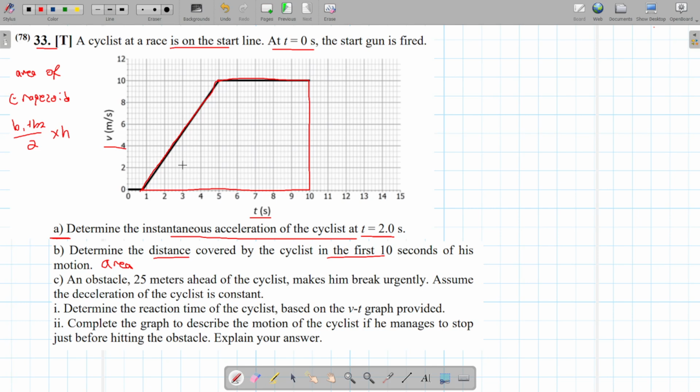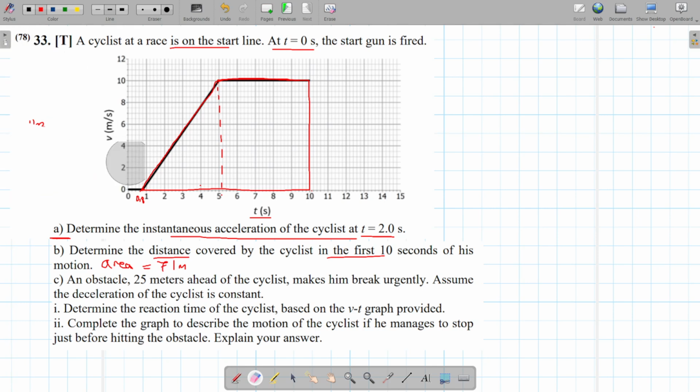Base 1 is from 0.8 to 10, which is 9.2, plus base 2, which is from 5 to 10, so plus 5, over 2 times the height, which is 10. You get 71 meters. Don't forget the units, please. They won't bring it this precise in exams, just letting you know.